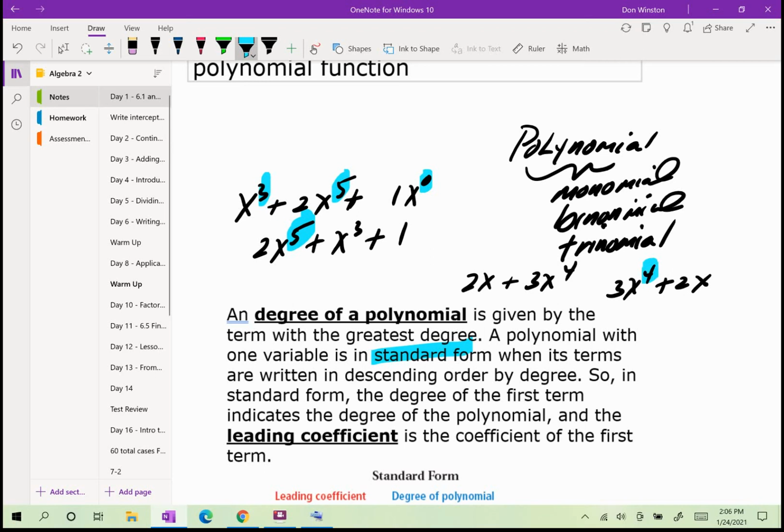So in standard form, the degree of the first term indicates the degree of the polynomial, and the leading coefficient is the coefficient of the first term. With this one here, the leading coefficient would be 2. With this one here, the leading coefficient would be 3.